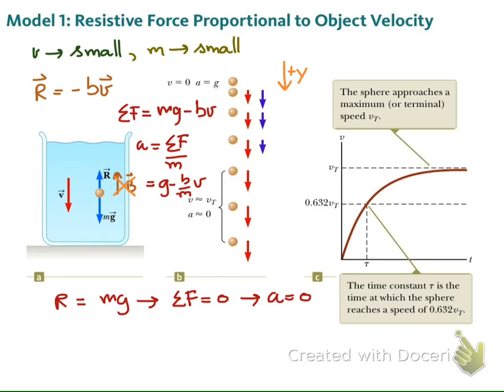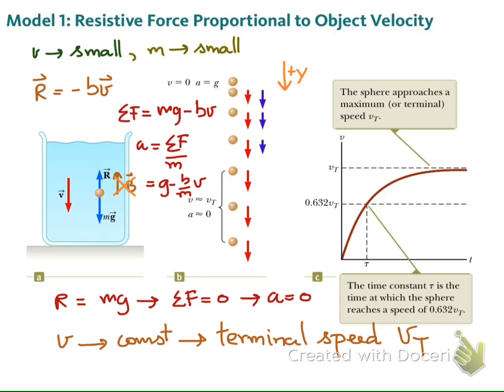When the acceleration is equal to 0, it means that the velocity and also the speed is a constant. We call this constant speed, when the resistive force is equal to mg, the terminal speed, v_t.